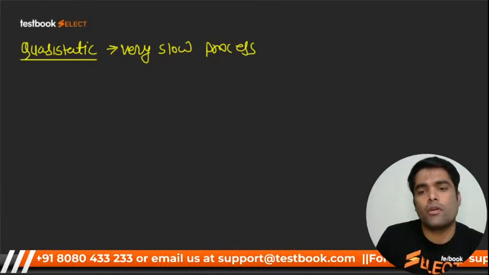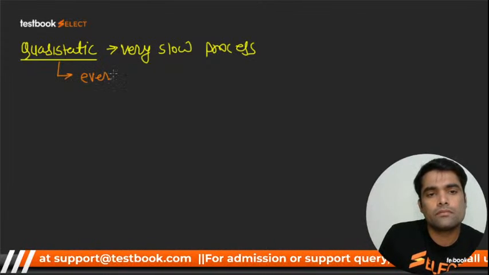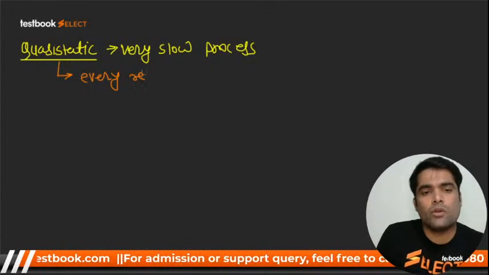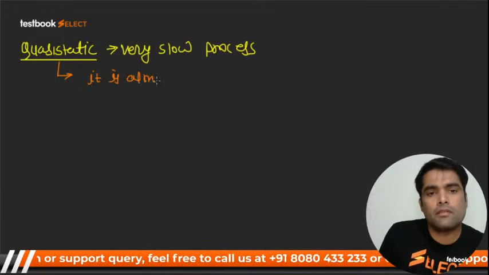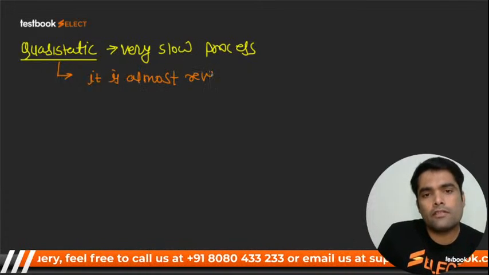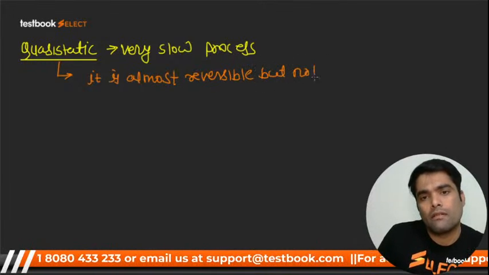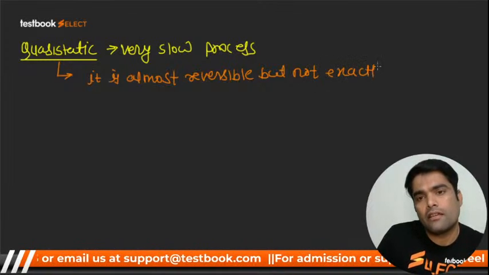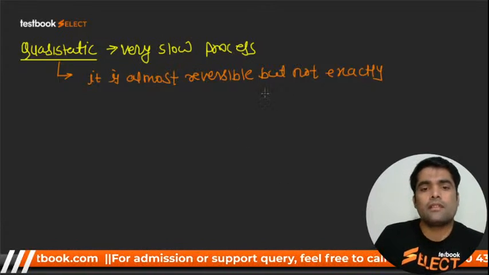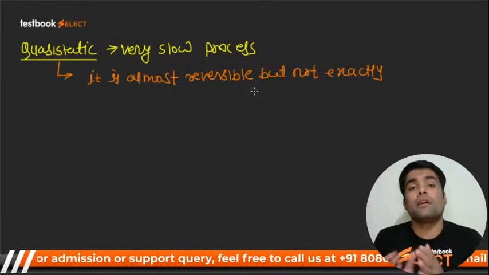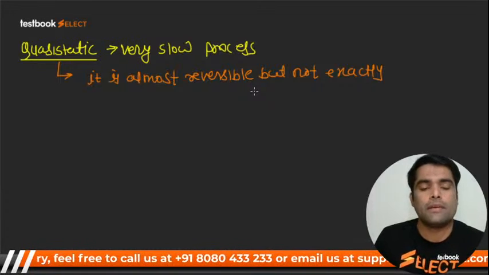And the most important point about this process is that it is almost reversible, but not exactly. Right? I hope you got it. Somebody says it is reversible exactly. No, it's not reversible exactly.